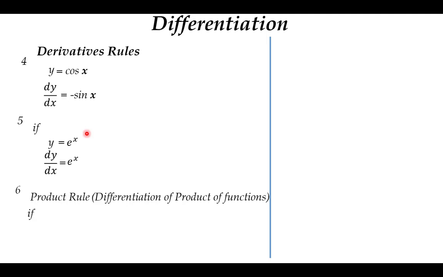If y is equal to u times v, where u and v are functions of x, so we are now saying that y is a function of a function which is dependent on x, and the two functions are multiplying each other. This is what we call the product rule.